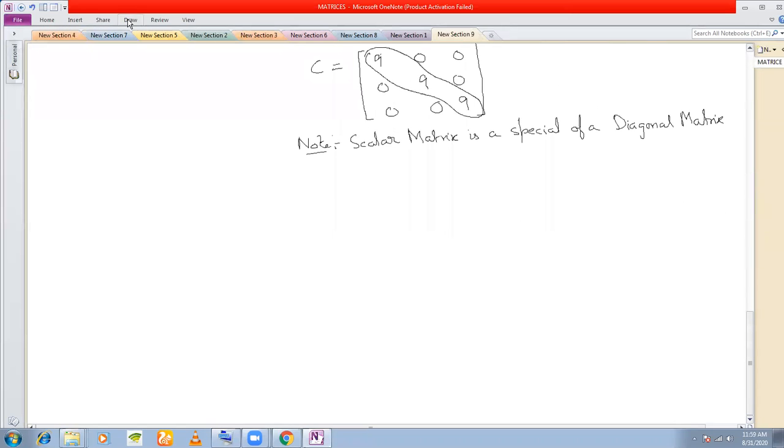Let us come to the next definition, which is your identity matrix, the unit or identity matrix.